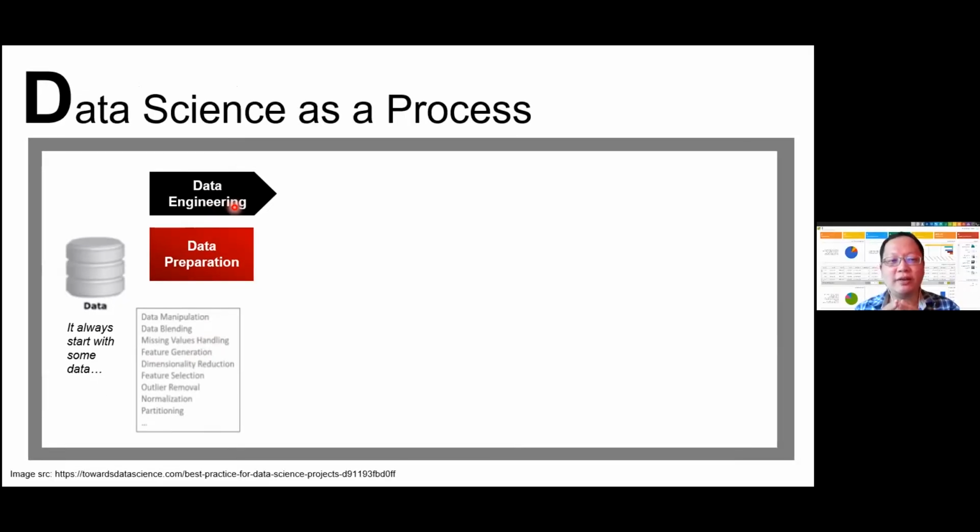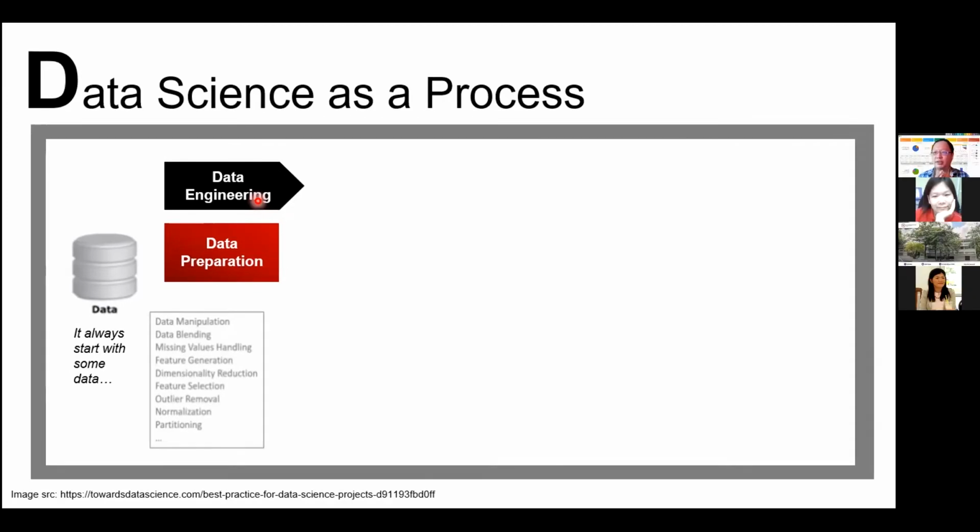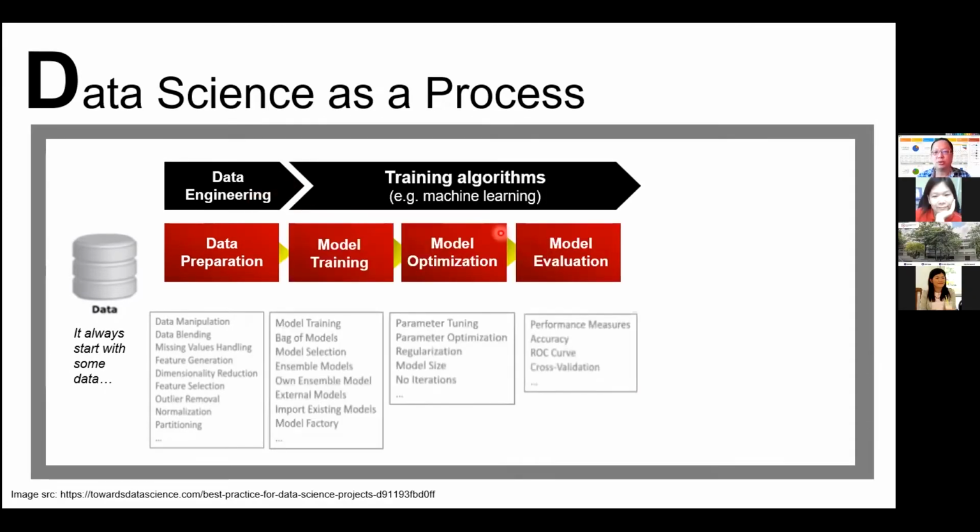And once we have the data ready, this data can be used to create a model. As I said in the previous slides, we try to fit a statistical model to this data.